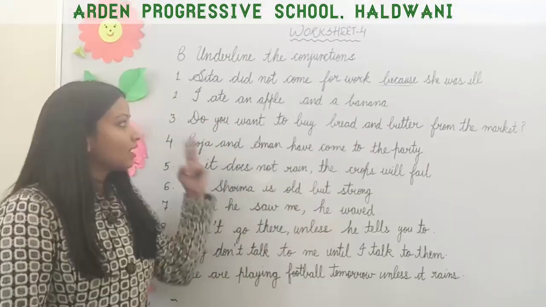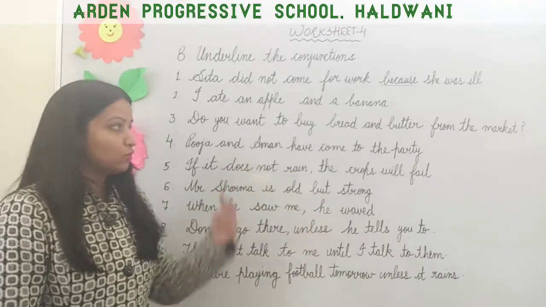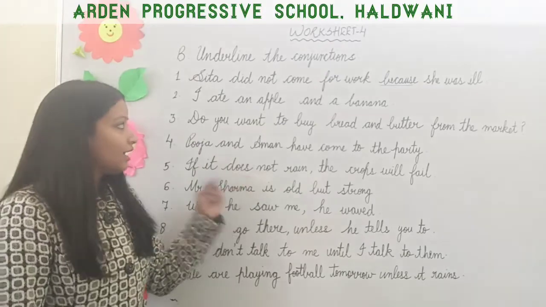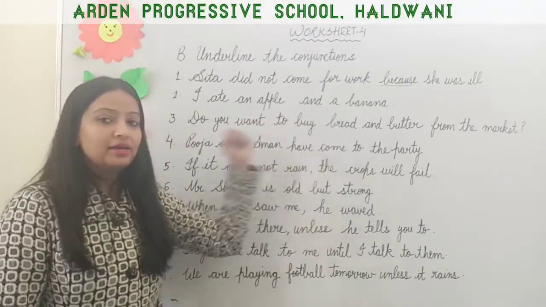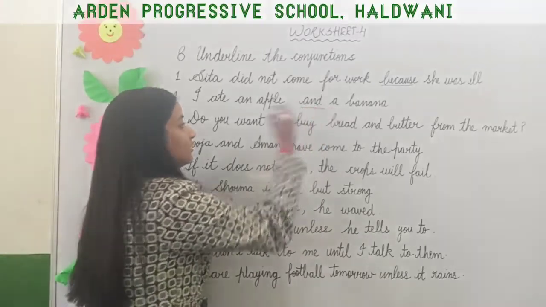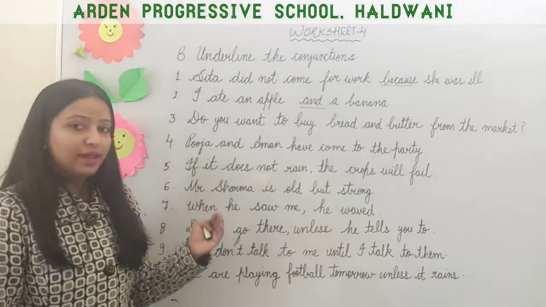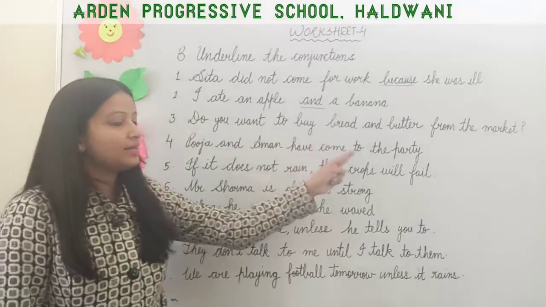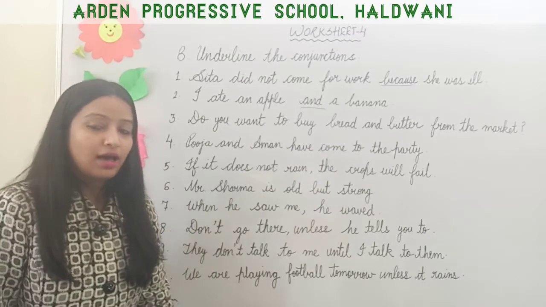Now the next is: I ate an apple and a banana. Both are the same ideas. A single person has eaten all the things. So which one is the conjunction here? And. Do you want to buy bread and butter from the market? We are talking about the same ideas.